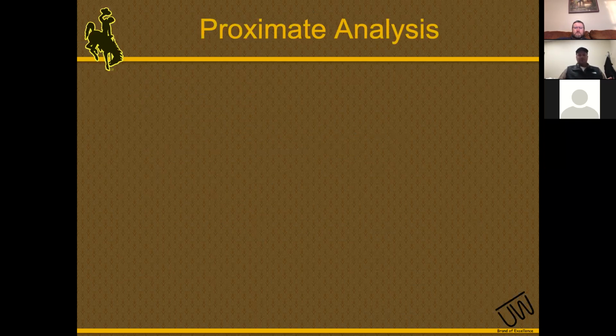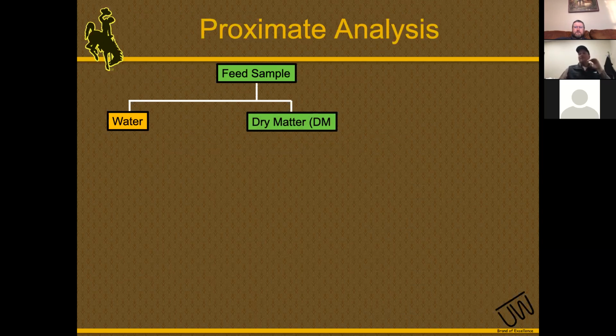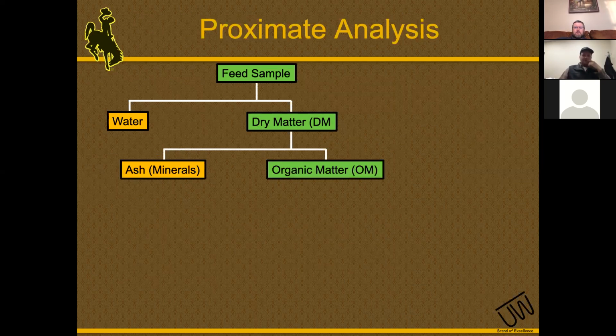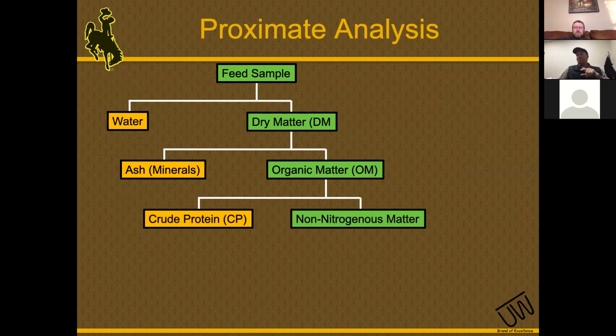So I will show you this process. If we take a feed sample and go through this whole process, we're going to dry it, take the water out of it. That gives us our dry matter. We analyze it from there. It will separate the ash out of it, which is basically minerals. Ash is always considered minerals, so ash is inorganic matter. Organic matter is still digestible.